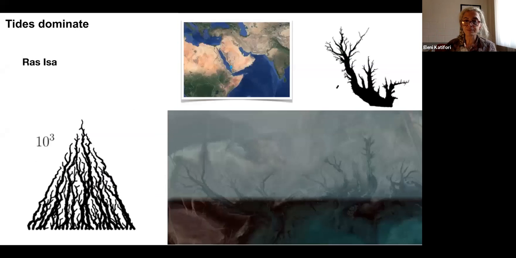And this is my favorite. This is the Ras Isa Delta, which is in Yemen, I think. And what you see, it's difficult to see from the Google image. And I have the vectorized, thresholded image of part of that delta on the top right. And what you see is a little bit like an inverted delta.